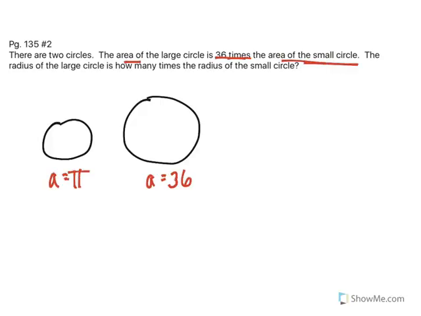Okay, so remember, whenever we're trying to set up some sort of ratio where it's like how many times, we want to use the smallest circle we can find. So we're going to use a circle that has a radius of 1 and therefore an area of pi. How do I know the area is pi? I'm just going to do a quick calculation to show you. So if I have a teeny little circle where the radius is 1, the formula for area is pi r squared.